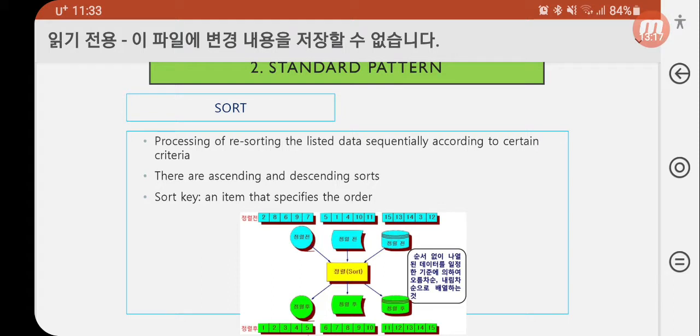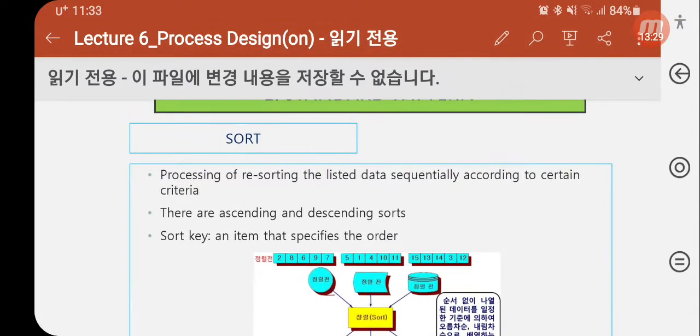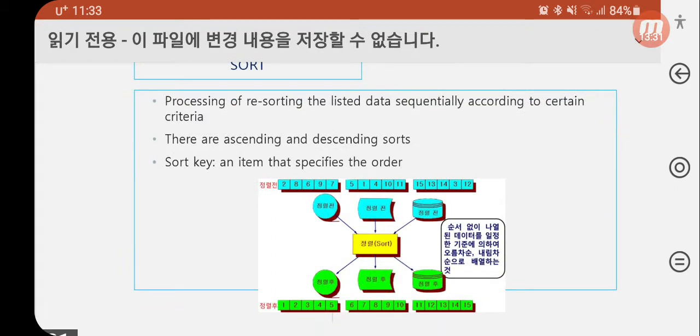And sort pattern. Processing or resorting the listed data sequentially according to certain criteria. There are ascending and descending sorts. Sort key is an item that specifies the order.